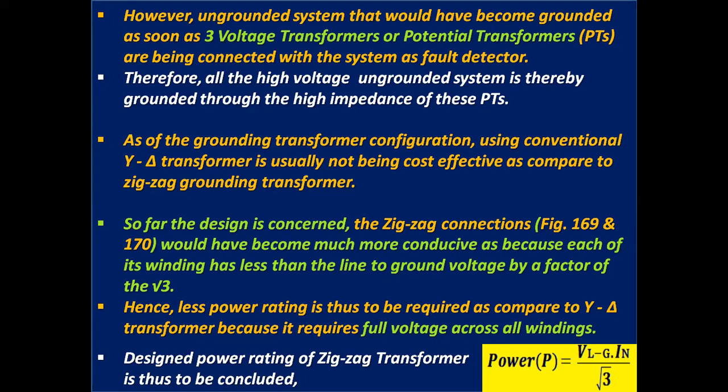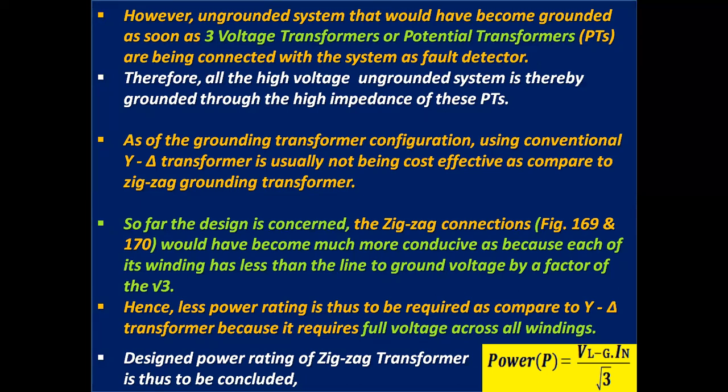So far as the design is concerned, the zigzag connection as in figures 169 and 170 is much more conducive because each of its windings has less than the line to ground voltage by a factor of √3.